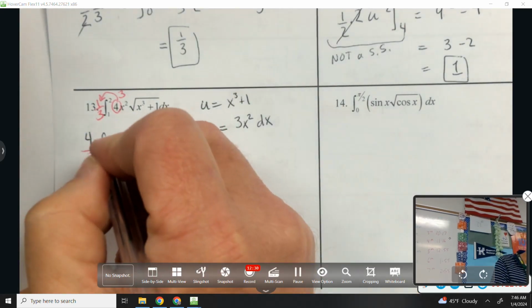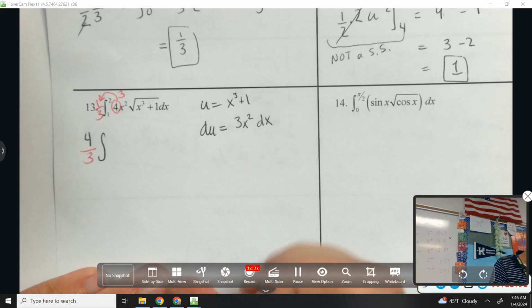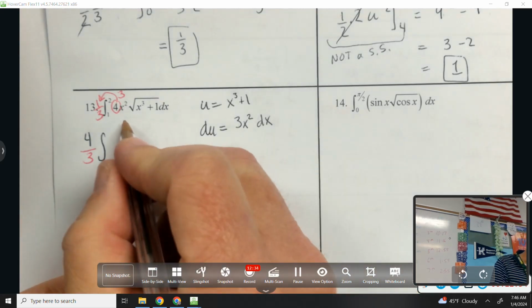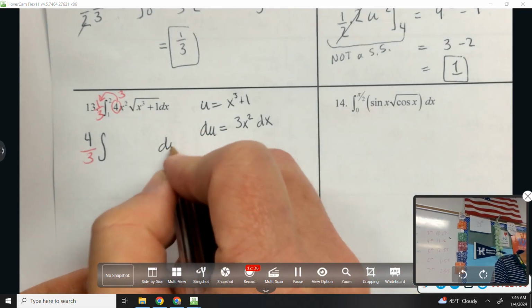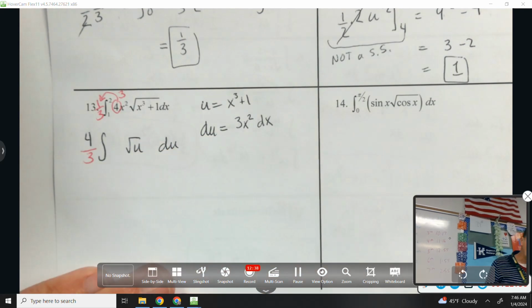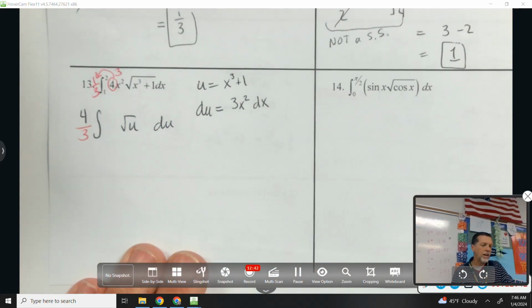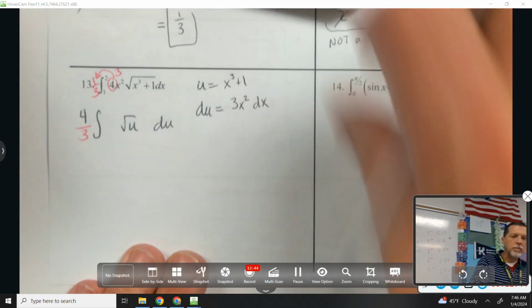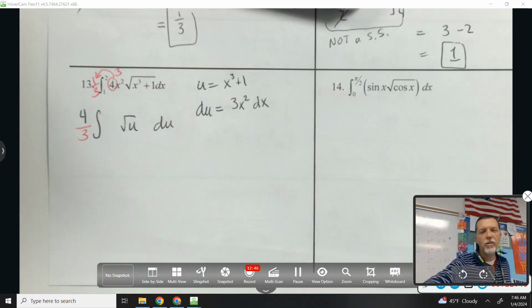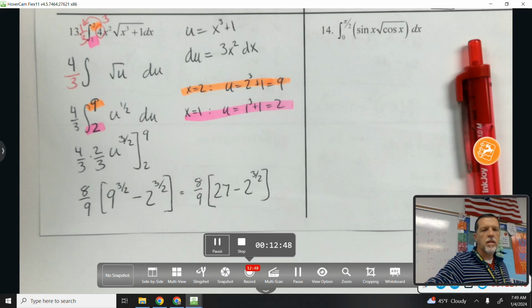So you end up with 4/3. And then the rest of that is square root of u du. So yeah, great pick on the u. We got a relatively easy problem to solve. Why don't you see if you can finish it from there?